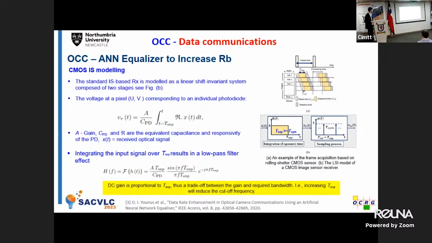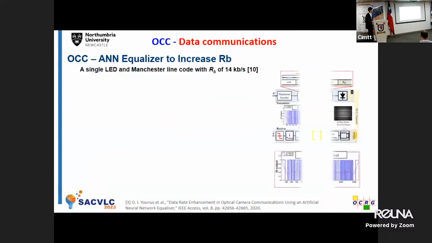Then you can see the problem with the exposure time: you have to sacrifice either the bandwidth or the DC gain, the light that comes into the sensor. So if I want to push the bandwidth, I have to sacrifice gain, meaning I sacrifice the light pumped into the light source and image sensor. I hope that concept is being delivered and everyone is getting the idea so that we can proceed forward.